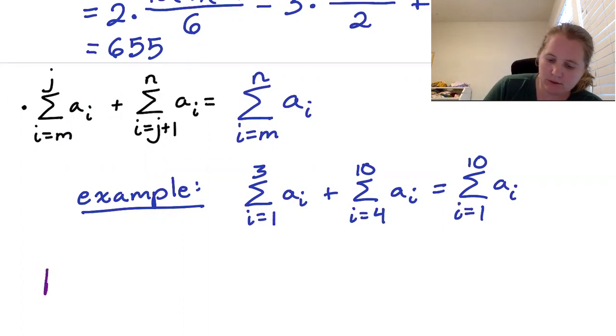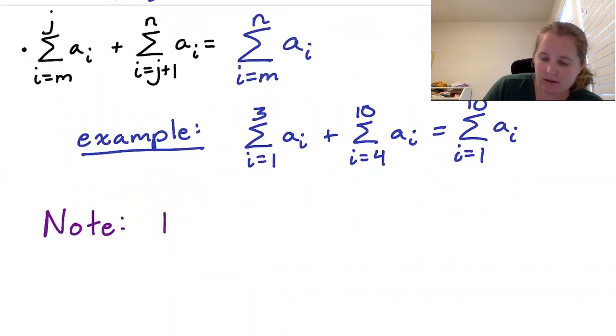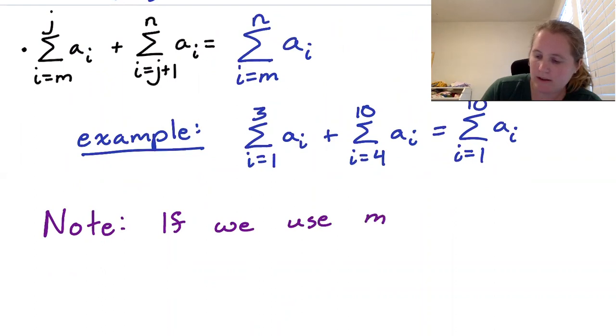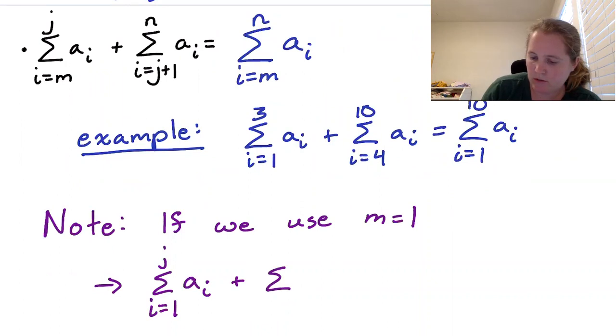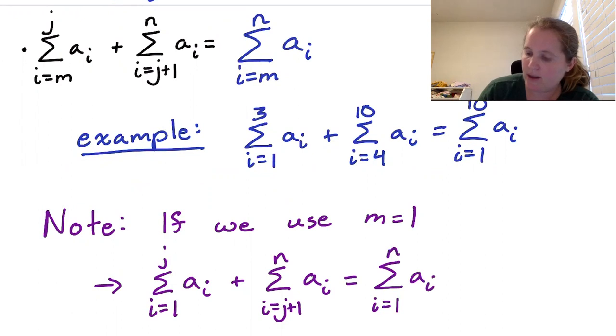So just note, if we use m equals 1, then in general the summation from i equals 1 to j of a sub i plus the summation from i equals j plus 1 to n of a sub i is equal to the summation from i equals 1 to n of a sub i.